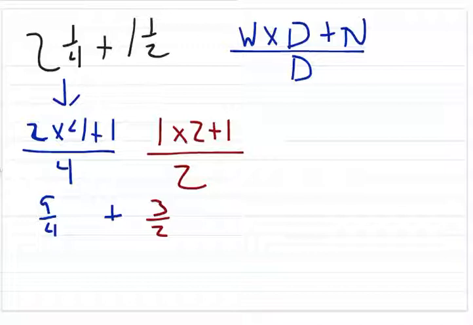Well, I know that my common denominator here is 4, so I just need to multiply this by 2 over 2. Equals 6/4.